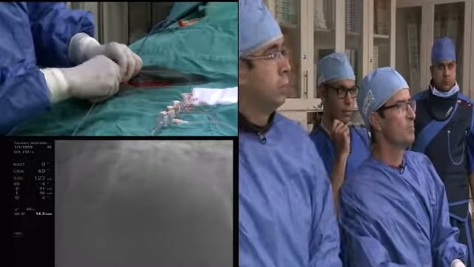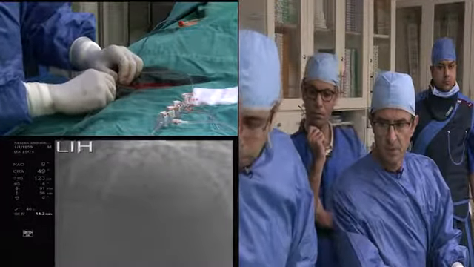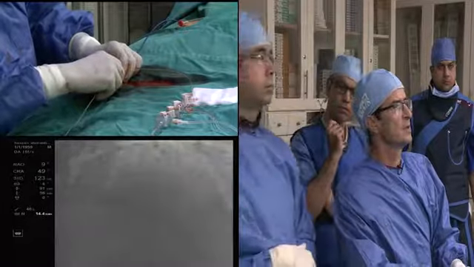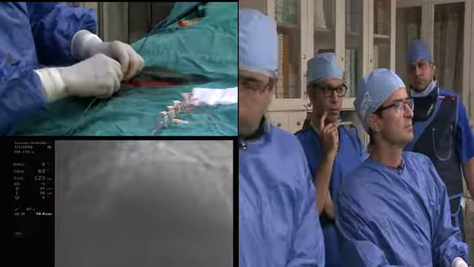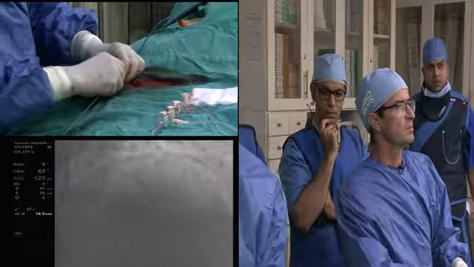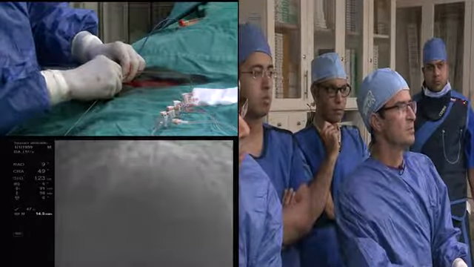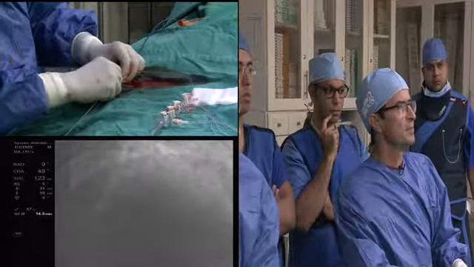Push the wire. No. Stop. Stop. Push the wire. Push the wire.